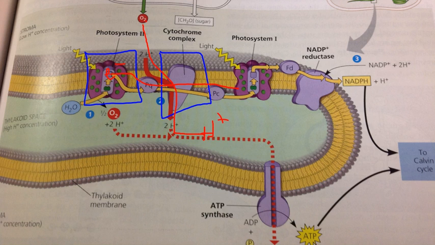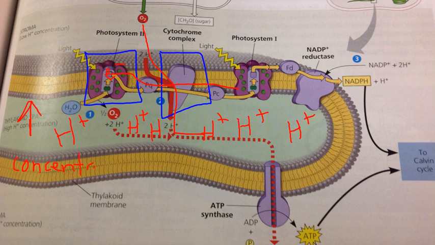In addition, remember, water is broken up into two hydrogen ions and oxygen. So with water adding hydrogen ions and the cytochrome complex adding hydrogen ions, you are gradually getting an increase of hydrogen ions inside the thylakoid space. Okay, now if you remember, that addition of hydrogen ions is producing a concentration gradient.